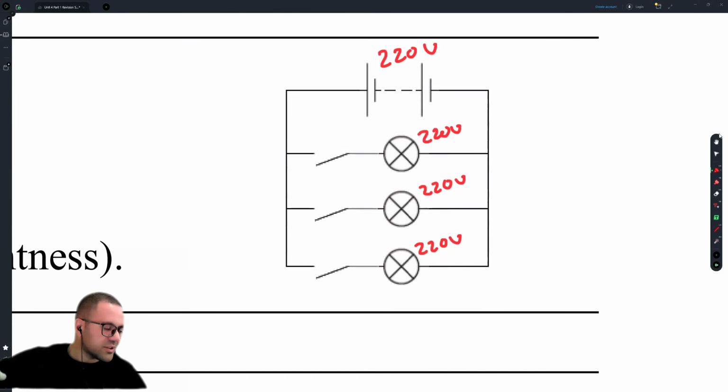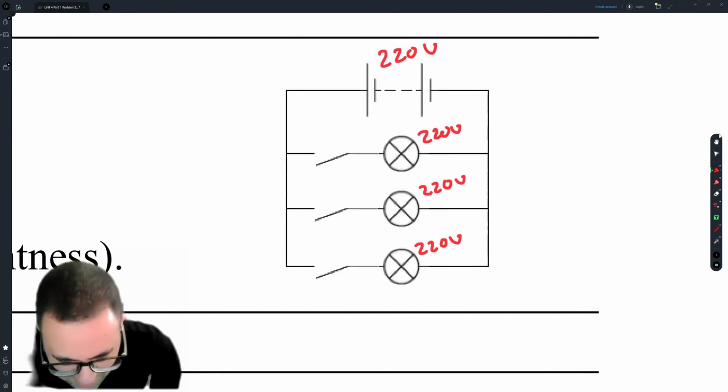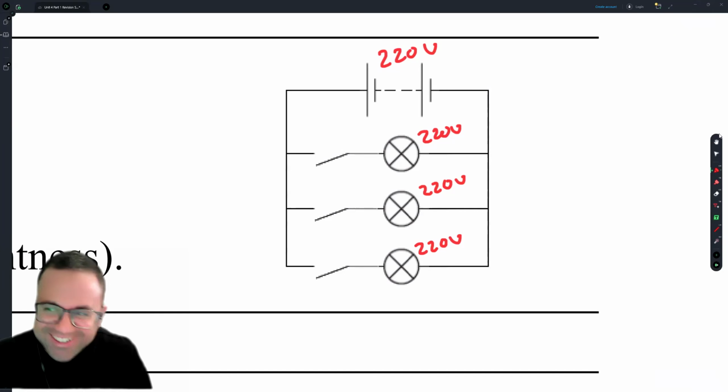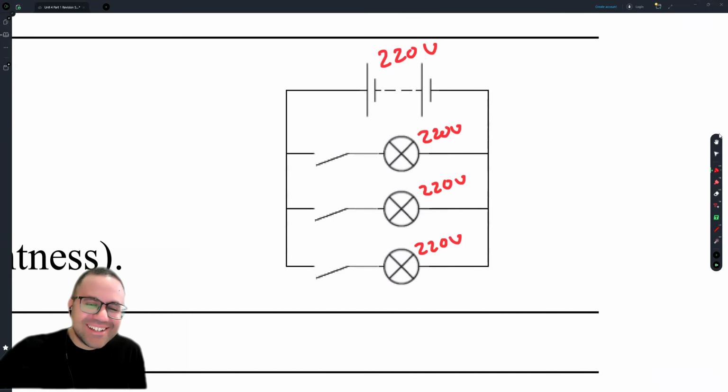Everything lights up bright. Sure, you end up paying more money. Everything gets the same voltage.